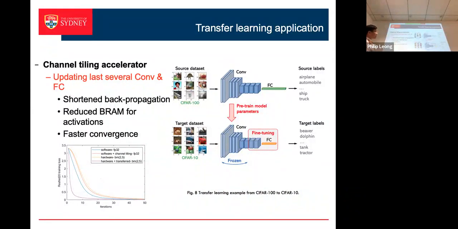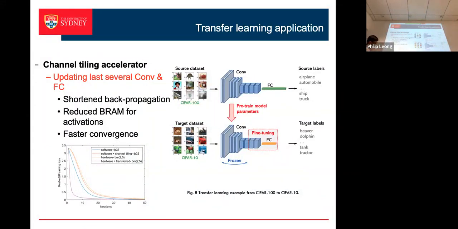Then we applied it to a transfer learning application. We first trained with the CIFAR-100 benchmark set, and then we did transfer learning with the CIFAR-10 benchmark set, and we changed the number of layers that we fine-tuned at the end. In this example, the weights here are all fixed, and we only fine-tune the final fully connected layers and a few convolutional layers.